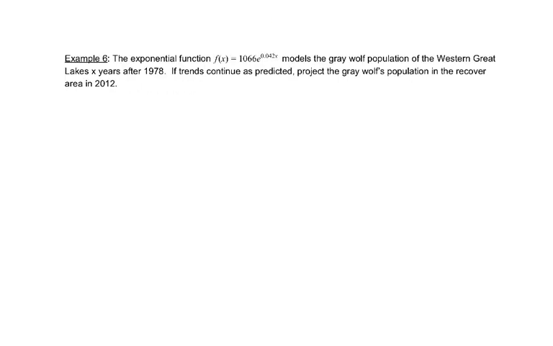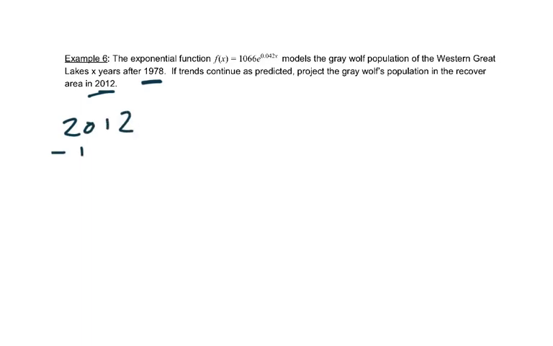So here's an example. It says that this models the gray wolf population in the western Great Lakes X years after 1978. If the trend continues as predicted, project the gray wolf's population in the recovery area in 2012. Okay, so first of all, we have to figure out how many years after 1978 is 2012.